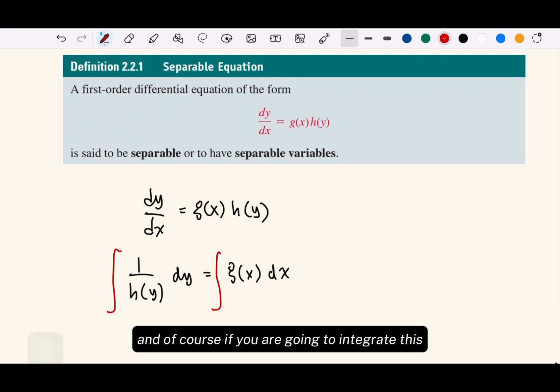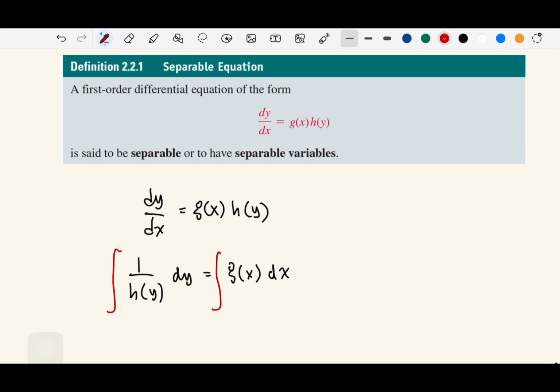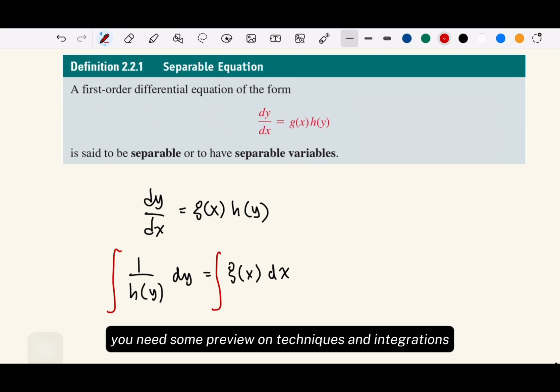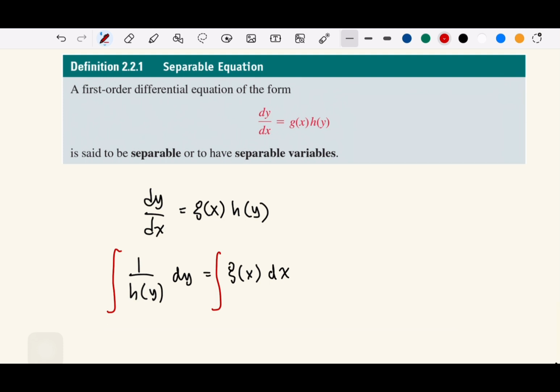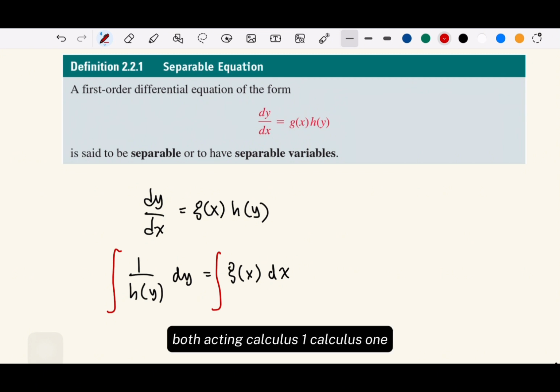And of course, if you are going to integrate these two expressions, it means that you need some review on techniques in integrations. Okay. In both, I think in calculus 1. Okay, calculus 1.